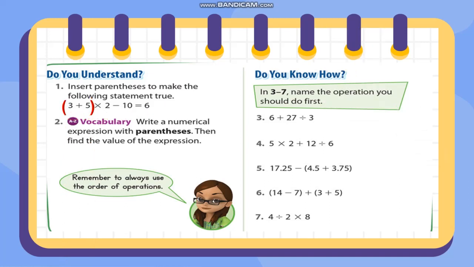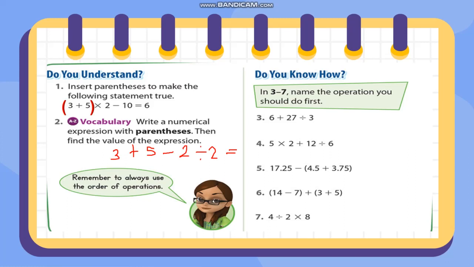Okay, next, write a numerical expression with parentheses, then find the value of the expression. So any expression that you want to solve, for example, I will give my own example. I have 3 plus 5 minus 2 divided by 2, and what could be the answer?